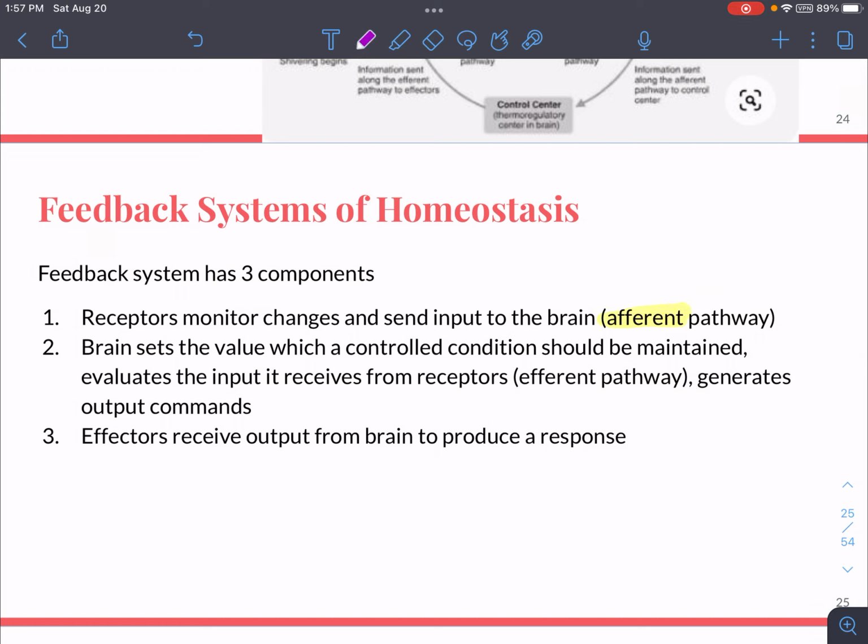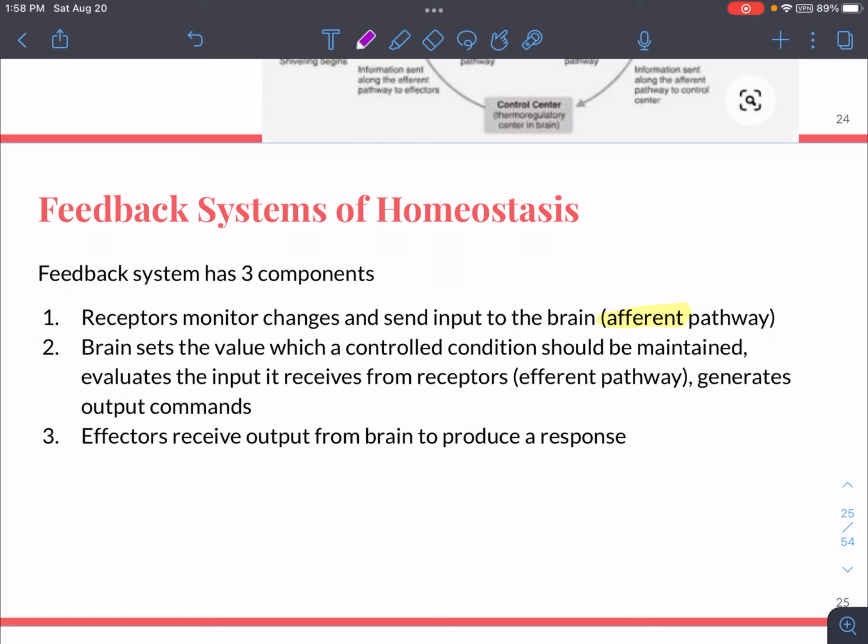When a receptor notices something, it sends input directly to the brain, and the brain will send out what to do. So step 2 is the brain sets the values at which controlled conditions should be maintained, evaluates the input it receives from the receptors, and generates an output command.